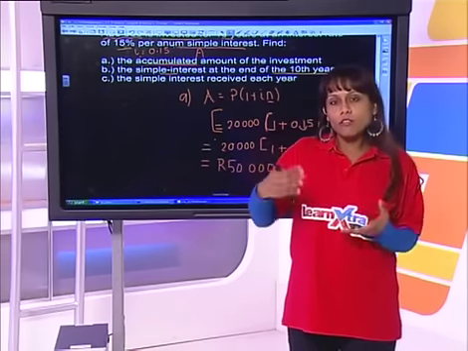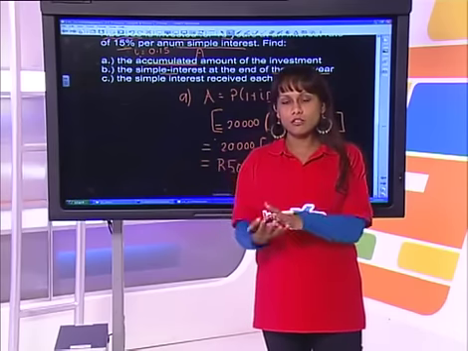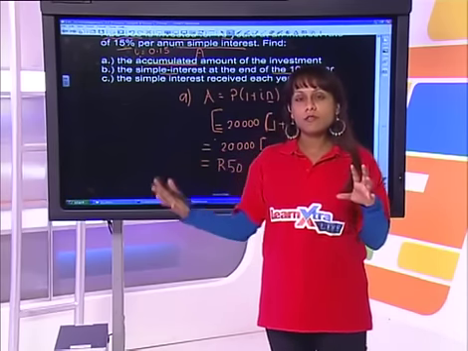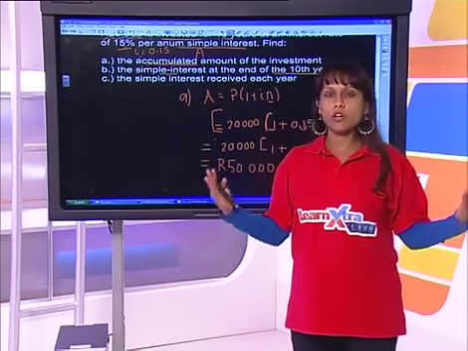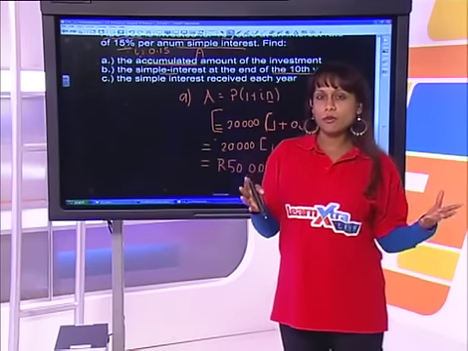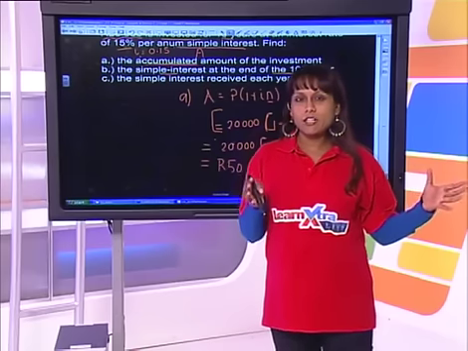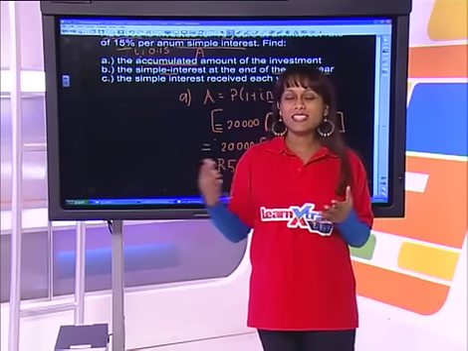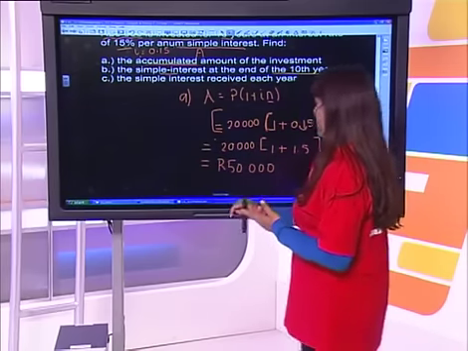So obviously, we're investing this money because we're getting this extra bit of interest on that money, which takes your 20,000 Rand and makes it 50,000 Rand. So to work out what interest we got in that 10-year period is very simple. We're going to take our final amount of 50,000 minus the initial amount of 20,000, and that tells us that we've got 30,000 Rand of interest in that 10-year period, which is quite a lot of interest to get.